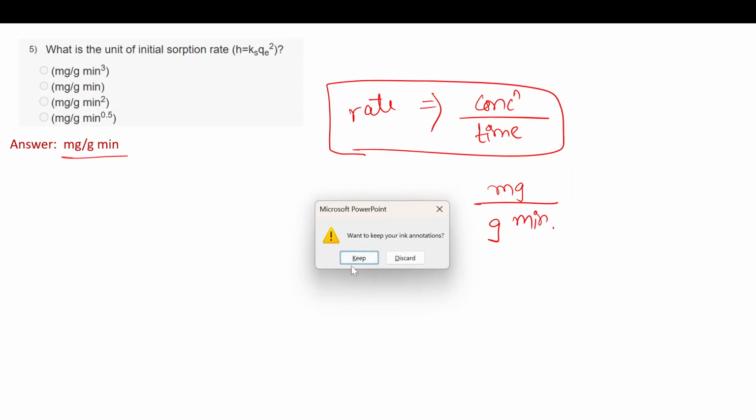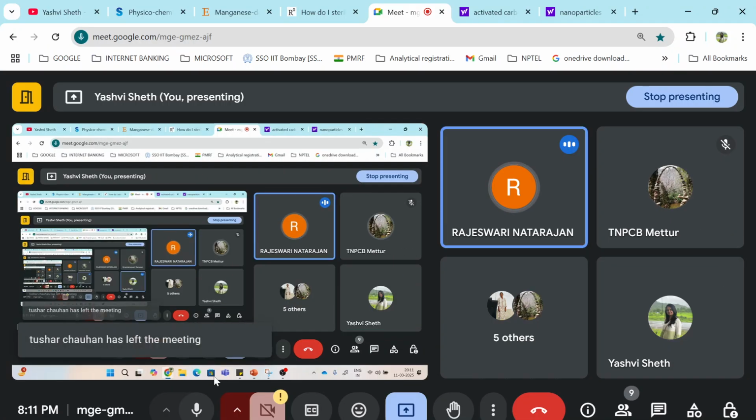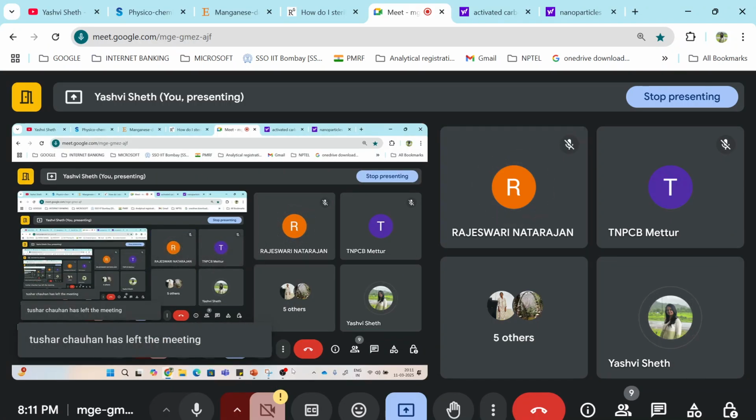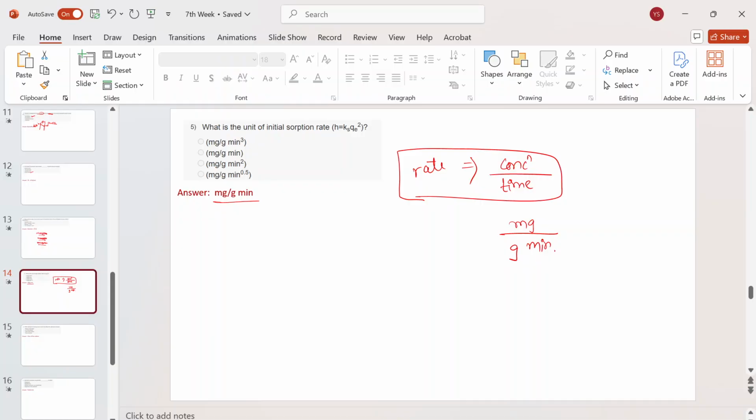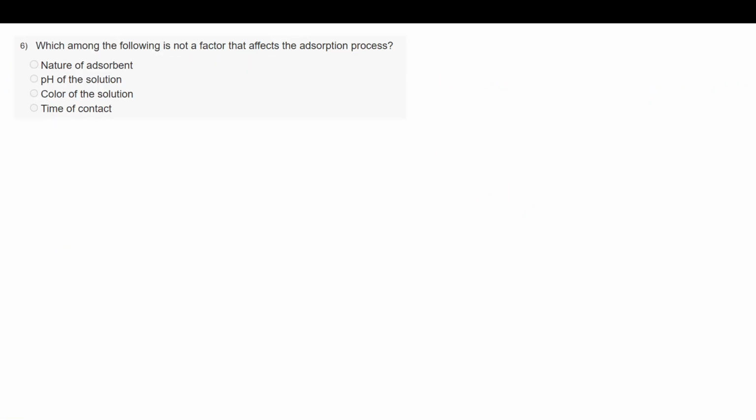Could you understand? Yes, ma'am. Next question is, which among the following is not a factor that affects the adsorption process? Color of the solution. Yes, true.